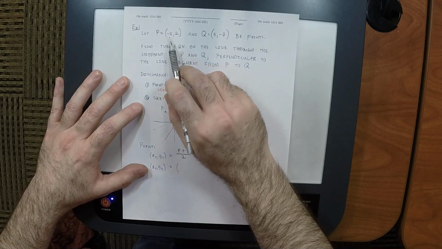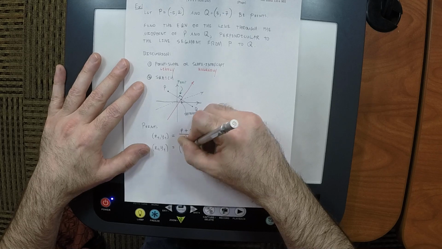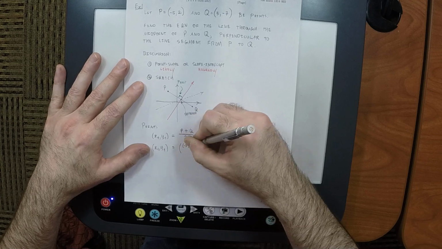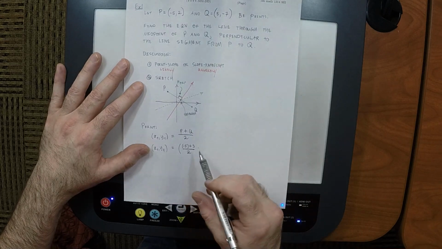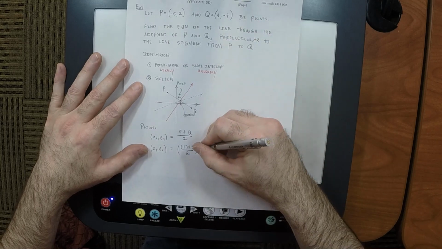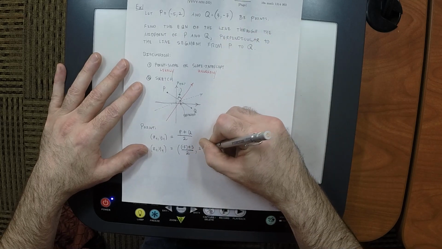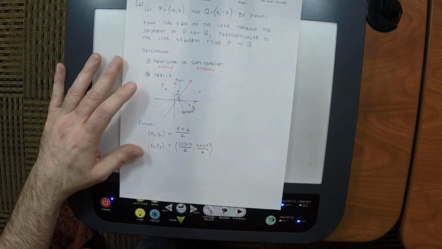In the first coordinate, we want to add those two things up. So that'd be -5 plus 3 divided by 2. That's the average x coordinate. And then 2 plus -7 over 2. That's the average y coordinate.